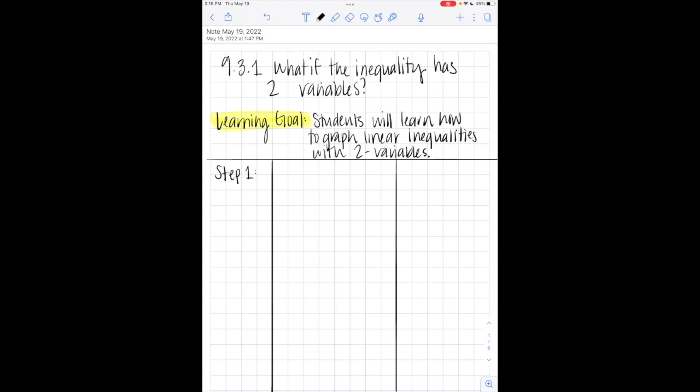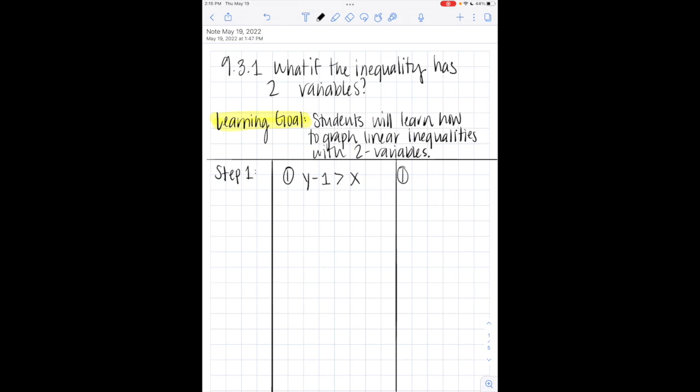And in step 1, I'm gonna give you an example of an equation. Let's write y minus 1 is greater than x. So we're gonna start by justifying in the last column.